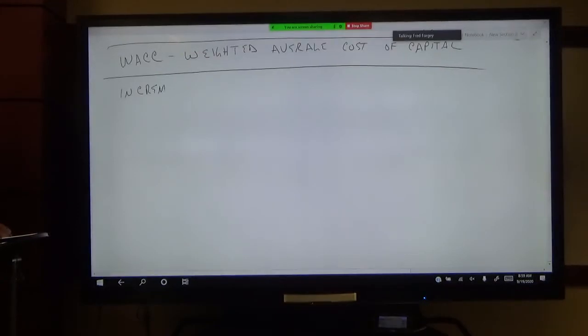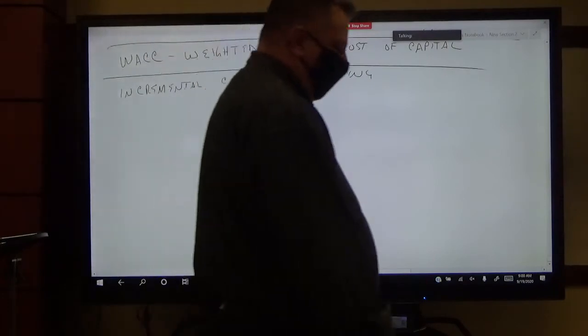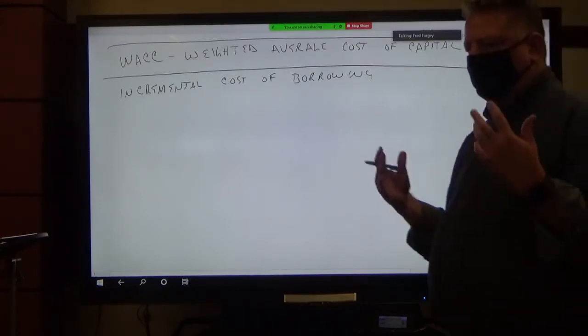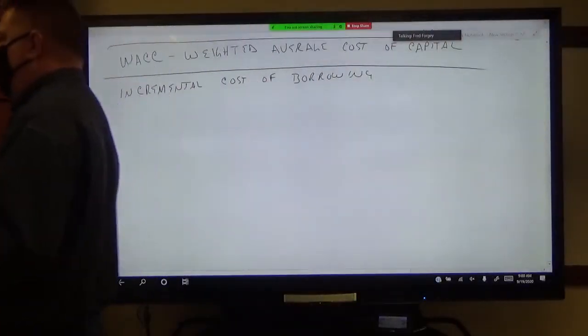incremental cost of borrowing. All right, this is a fun one, at least I think so. You go into a bank and you want to borrow money on a property that you want to invest in.